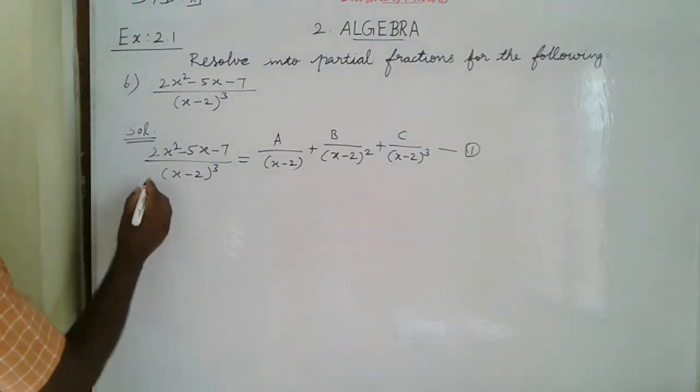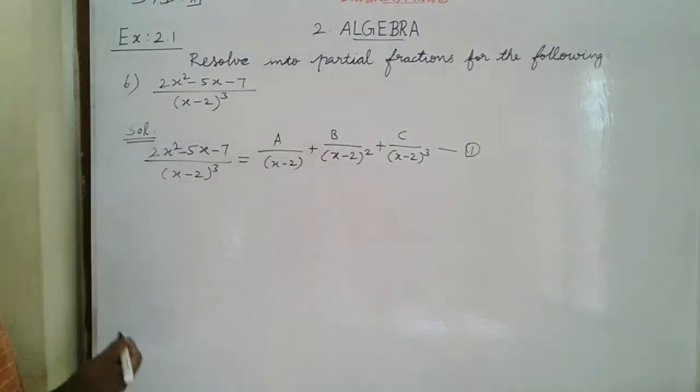So we should cross multiply here. (x − 2)³ is on the right-hand side.